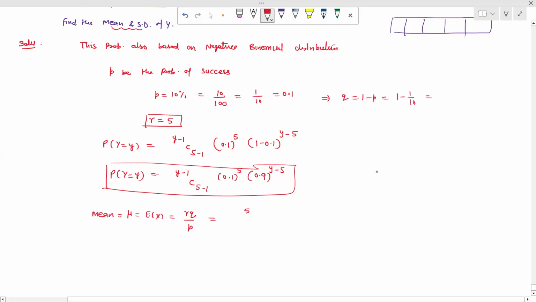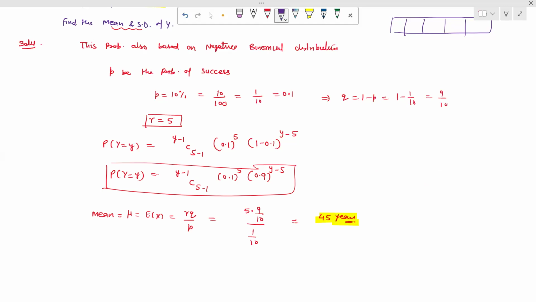This gives us 9 upon 10. You can write it in fraction or in decimal, no issue for that. So 5 into 9 upon 10 into 1 upon 10. The 10s cancel, so 5 times 9 is 45. So 45 years is the average time to win all 5 trophies, because the probability is very low.